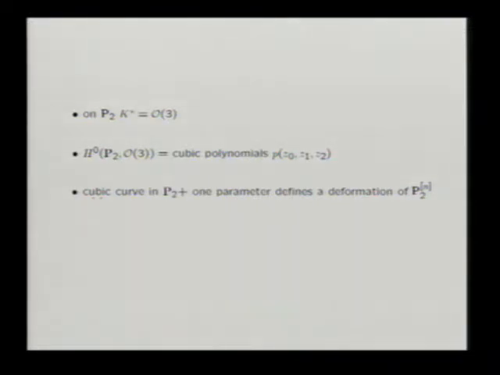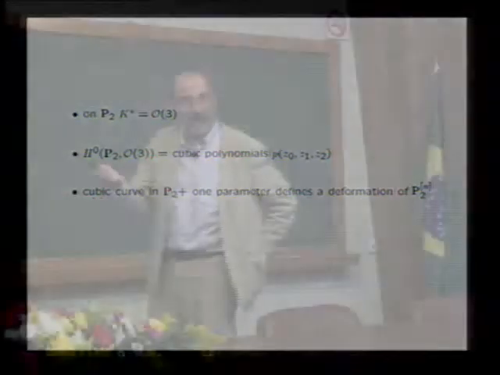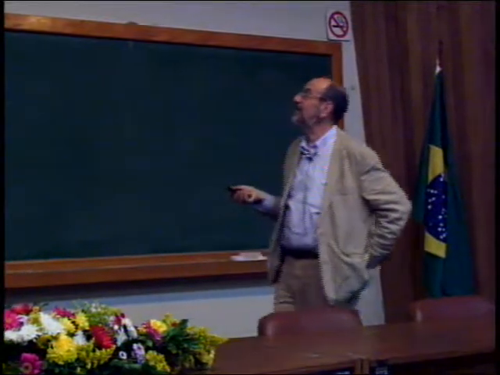So 9 dimensions describe a cubic curve in the plane, and then we have one extra degree of freedom to describe these deformations. What I'm saying here is that if we really want to understand these deformations of the Hilbert scheme, then we've got to understand how we can obtain them by taking a cubic curve in P2 and an extra parameter, which is a bit mysterious at the moment because it only appears in an infinitesimal situation so far.